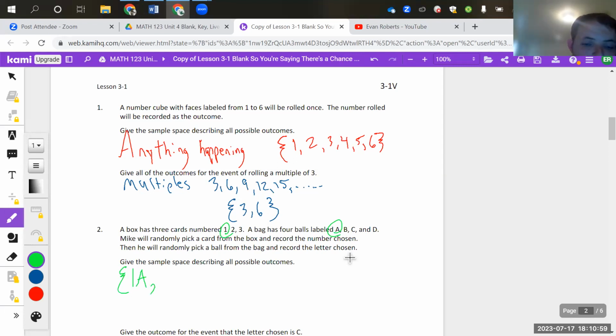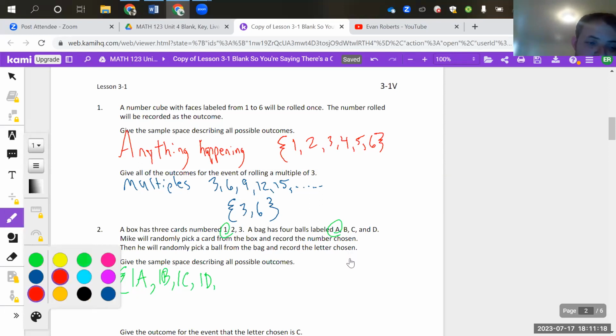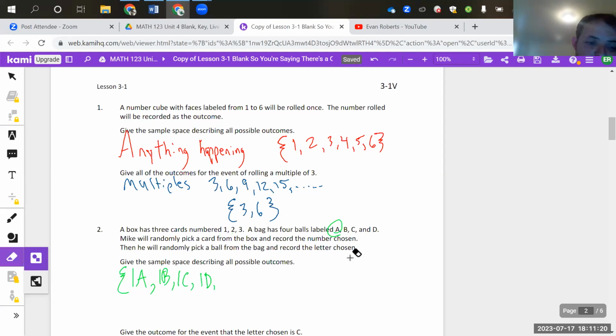You could have picked 1A and 1B, and you could have picked 1 and C, as well as 1 and D. And now that's all the possible scenarios of drawing a 1. And so now we would just move on to drawing a 2 here. So you could draw 2A.